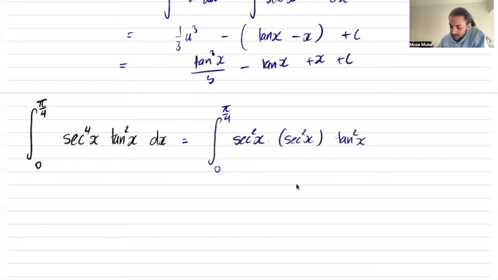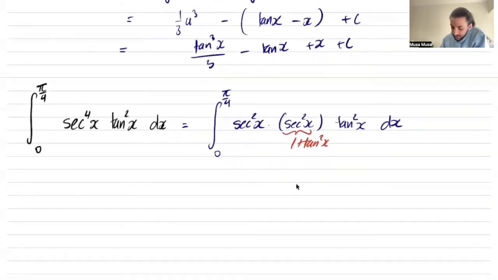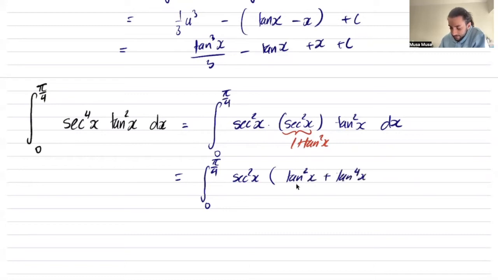Now, what is sec squared x? Isn't that just 1 plus tan squared? Indeed it is. So you end up with the integral from 0 to pi on 4 of sec squared x, and then if this is 1 plus tan squared x times tan squared x, I'm just going to expand that and make it tan squared x plus tan to the 4 x dx.